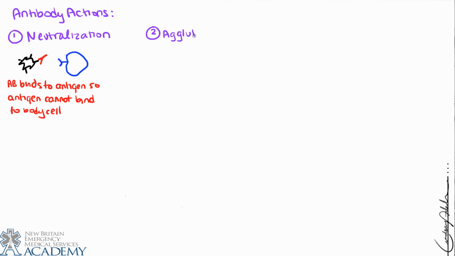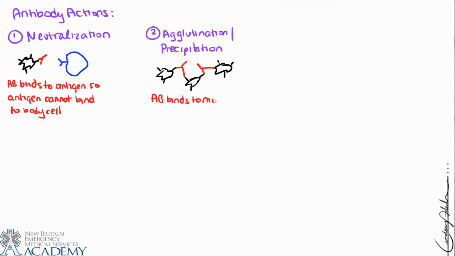Second, we have agglutination and precipitation, which can be classified as 2 or 1. Generally an antibody is a Y shape, and it can bind to multiple antigens at the same time. It can bind to 2 antigens, and then another antibody could bind to that one and another one. What we get is a process called agglutination, which is clumping of the antibodies and the antigens.